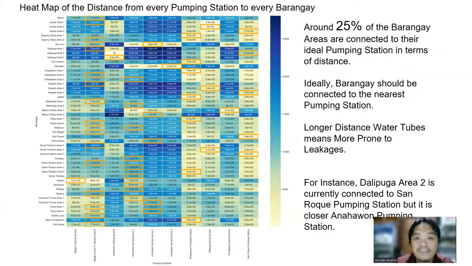So why is it that the Lipuga Area 2 is connected to San Roque Pumping Station, 8 kilometers away, where in fact there is a pumping station closer to this barangay, just 19 meters away? That is the purpose of this visual.